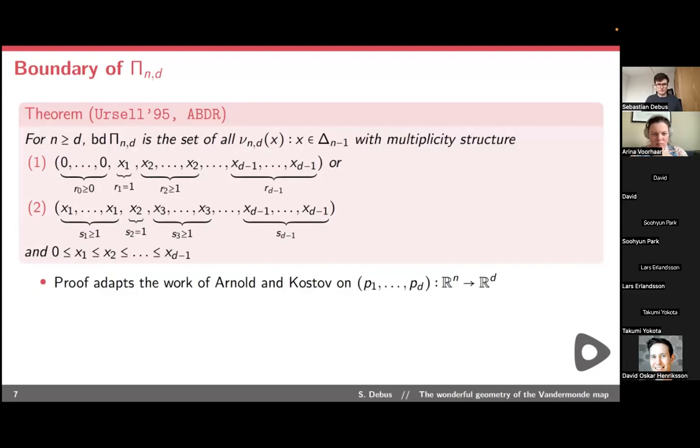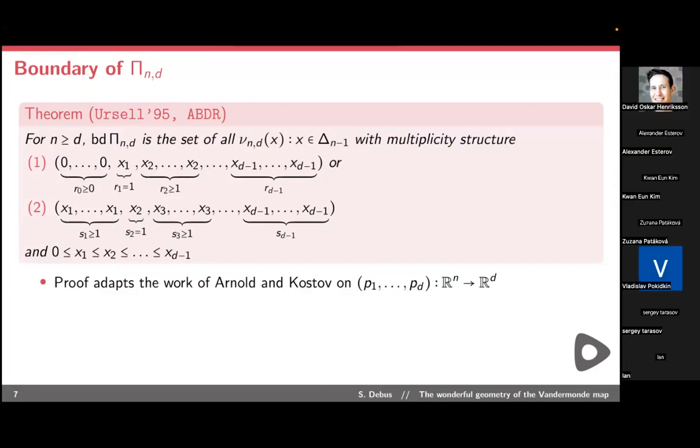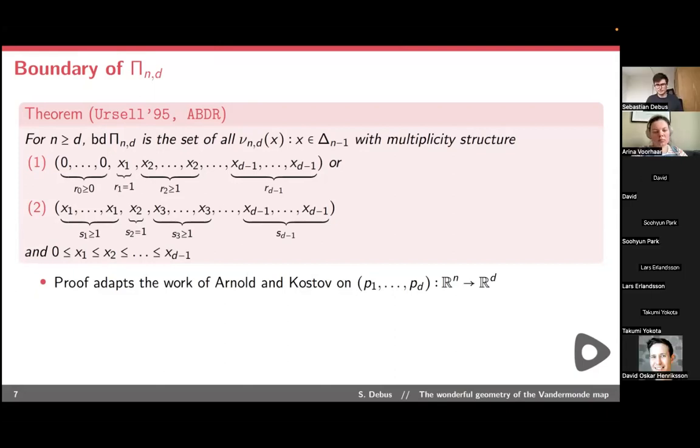So how do we prove this result about the boundary? There's also a proof by Ursell going by induction, but we adapt the proof by Arnold and Kostov for the image on R^n. And how do we do it?